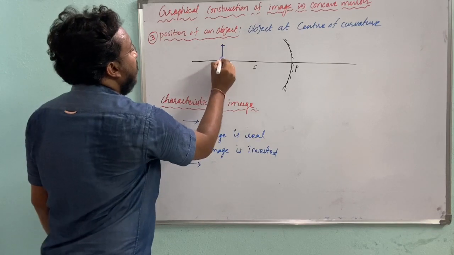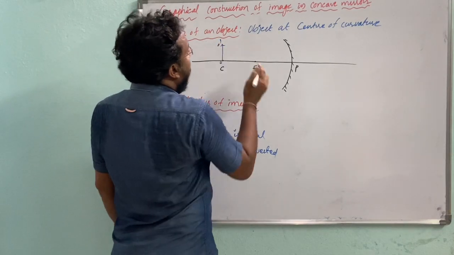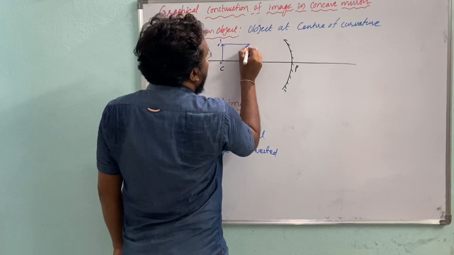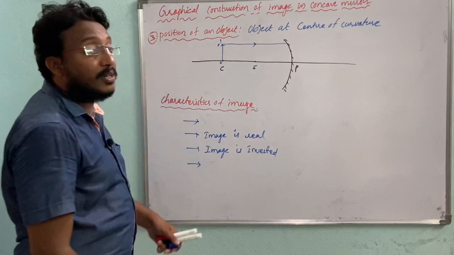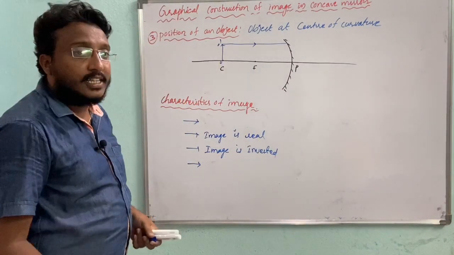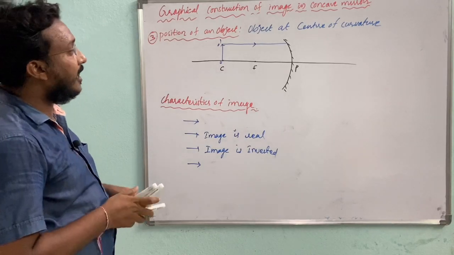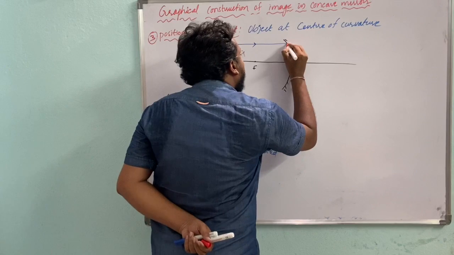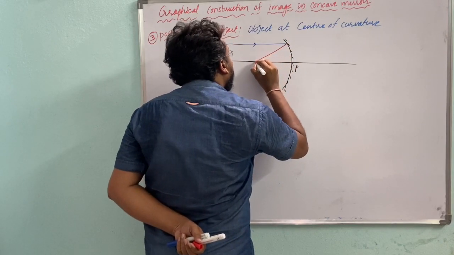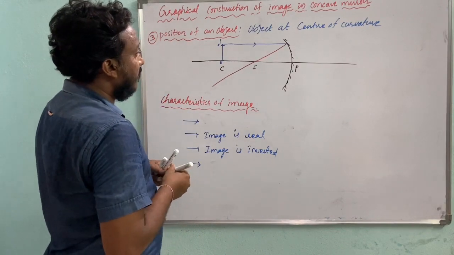This is the object. Then first ray, first rule: the incident ray is parallel to the principal axis. If the incident ray is parallel to the principal axis, then the reflected ray passes through the focus.